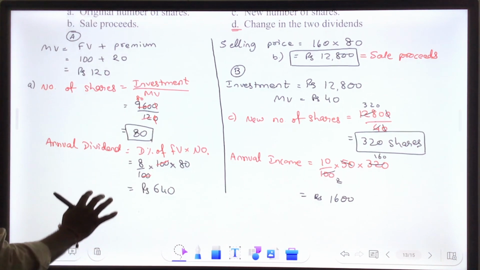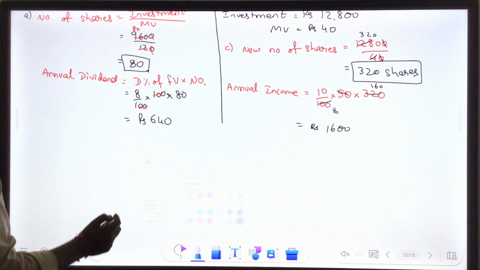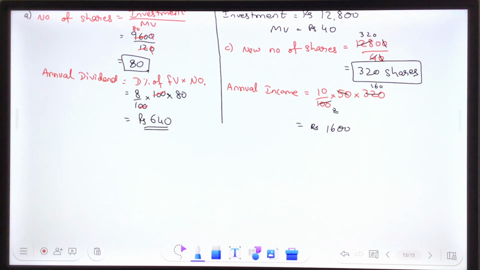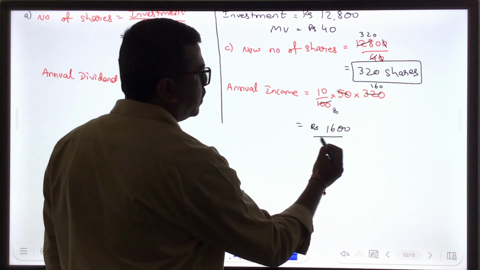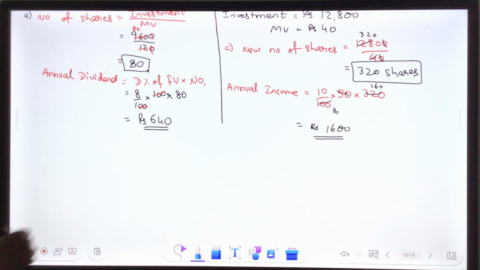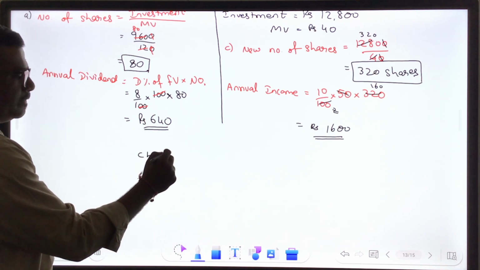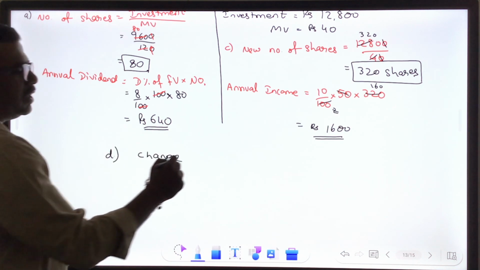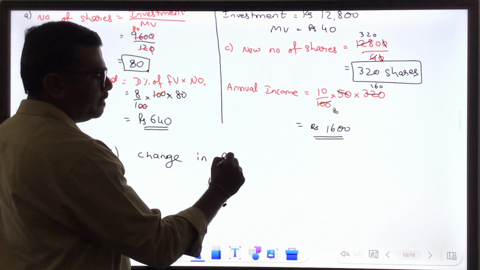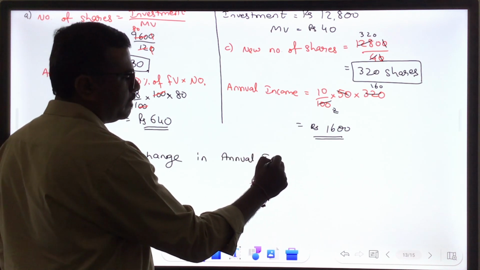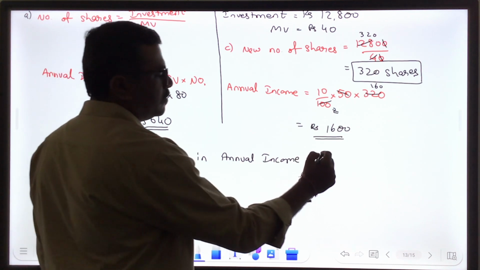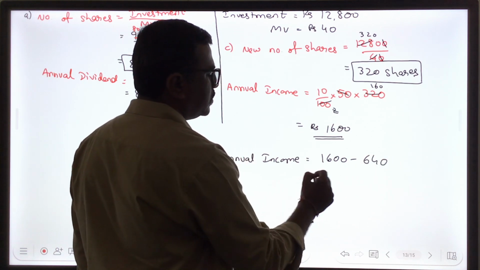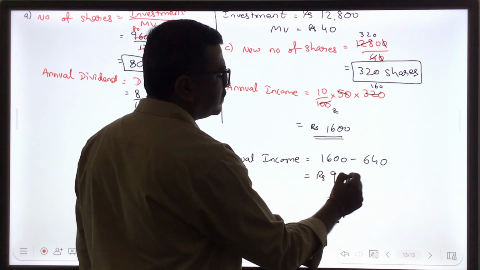The fourth question was to find the change in annual dividend. To find the change in annual dividend, we can see that company A annual dividend was rupees 640, and in company B annual dividend is rupees 1600. So the change in annual income is 1600 subtract 640, which is rupees 960.